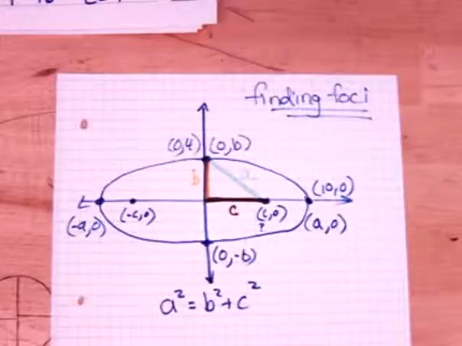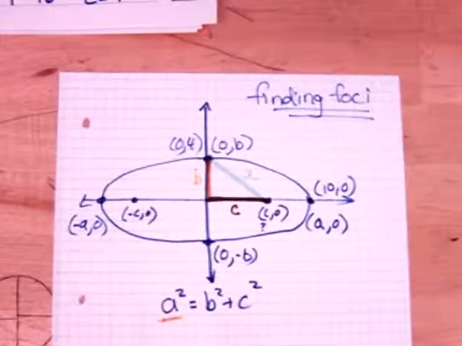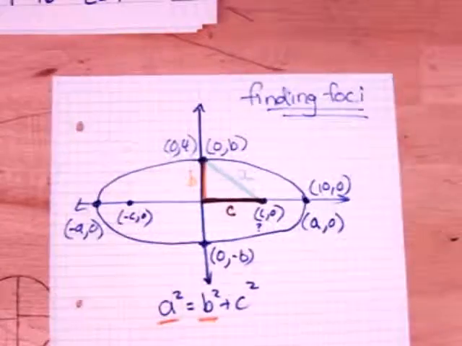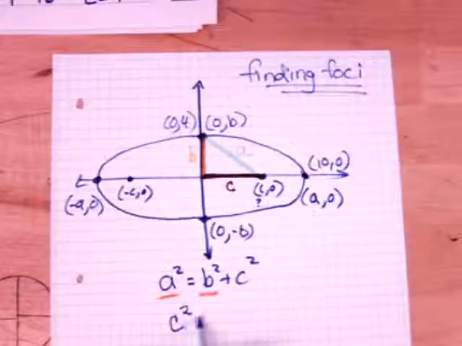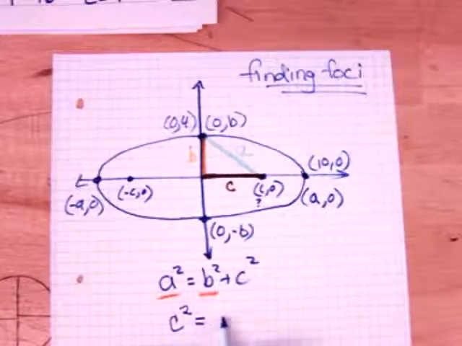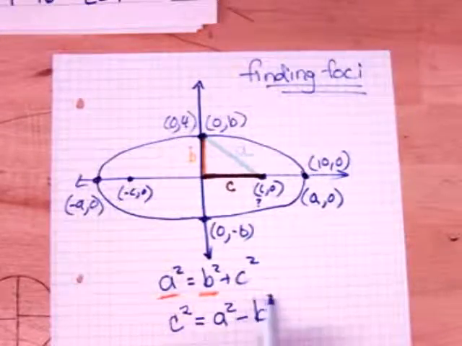We know a, we know b. What we're looking for is c. So I'm going to isolate c. The actual equation I'm going to use is c squared equals a squared minus b squared.